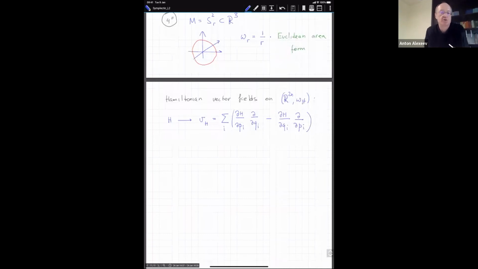That's just an exercise, and it follows from i_V omega equal to minus dh, and that's why I need that minus sign, because now we'll have some nice physics formulas.